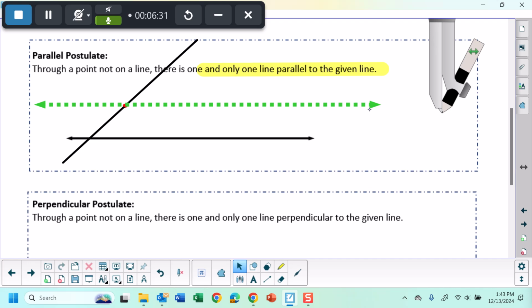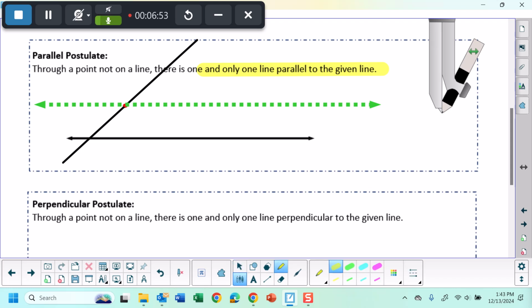Call some out. What kind of angles? Corresponding? Alternate interior? Vertical? Alternate exterior, alternate interior.